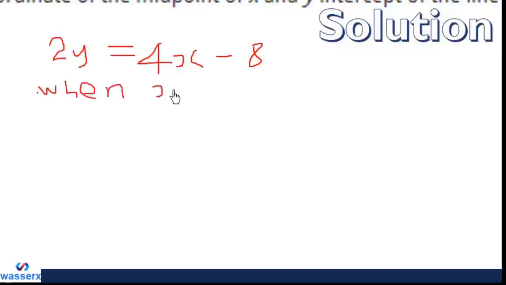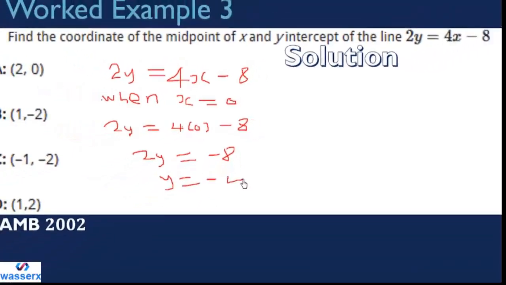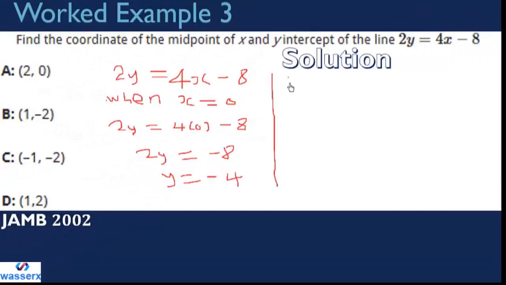So for the y-intercept, we substitute x equals 0 into the equation. We have 2y equals 4 times 0 minus 8. This implies that 2y is equal to negative 8 and y will be equal to negative 4.